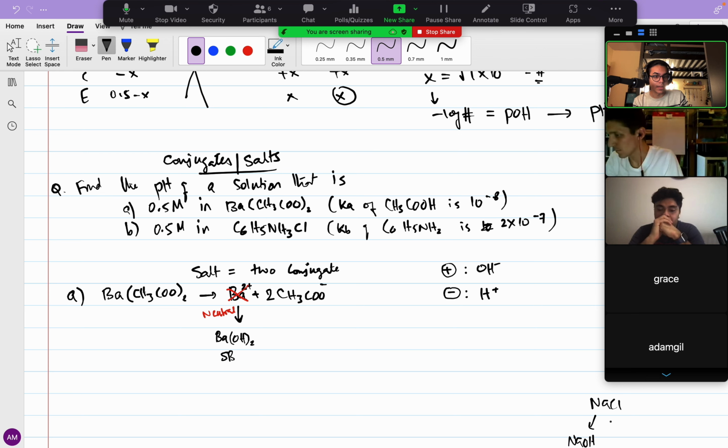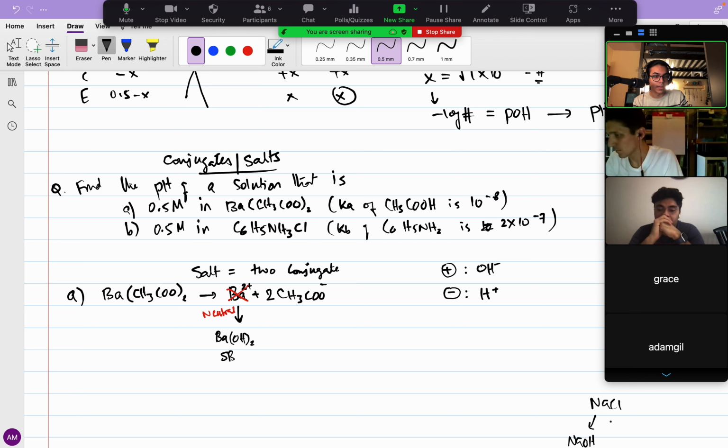Just for completeness, this came from CH3COO minus. It's a negative ion, so I'm going to pair it up with the positive H, giving CH3COOH, which is a weak acid, so we know that the conjugate is basic. So let's take our pH active conjugate, CH3COO minus, and react it with water, because this base doesn't seem like it has any OH in it.